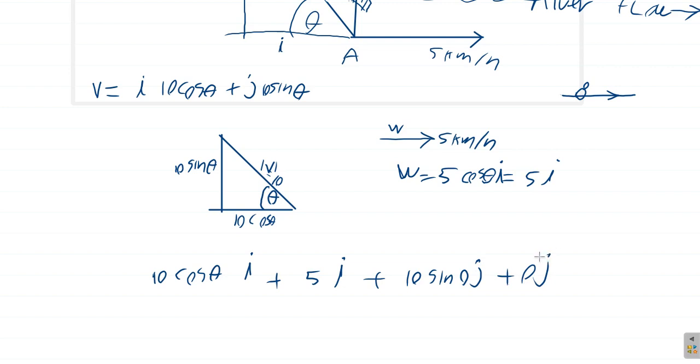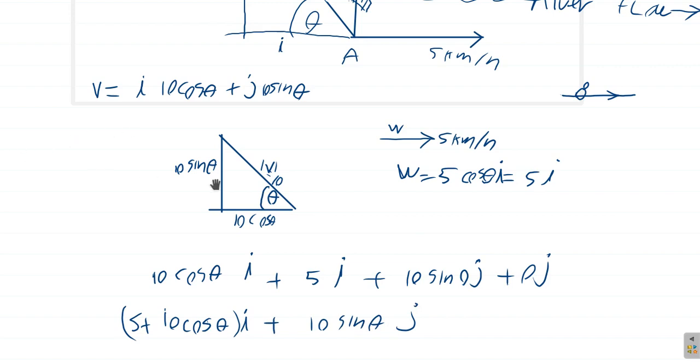It's 0j. No up or down to it. So then the velocity of the boat, if you put these two together, is 5 plus 10 cos theta i plus 10 sine theta j.